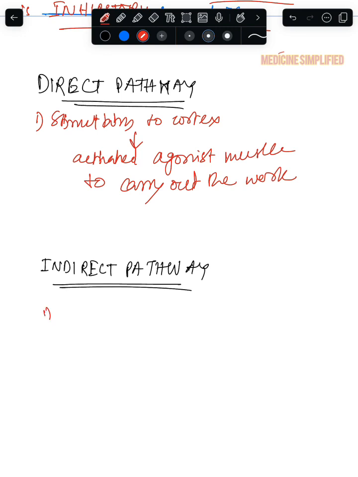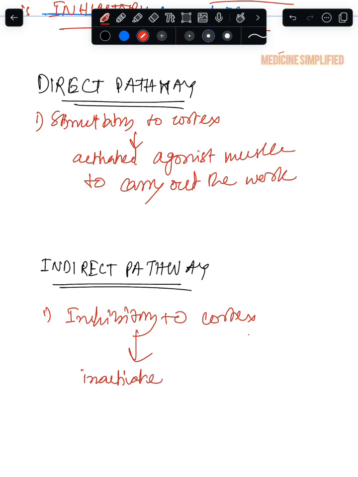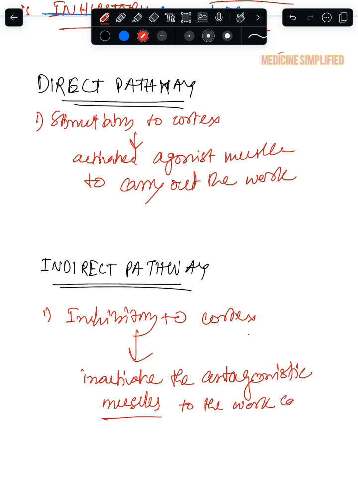And what does the indirect pathway do? The indirect pathway is inhibitory to the cortex, which means it inactivates the antagonistic muscles so the work can be done smoothly. These are the funda.